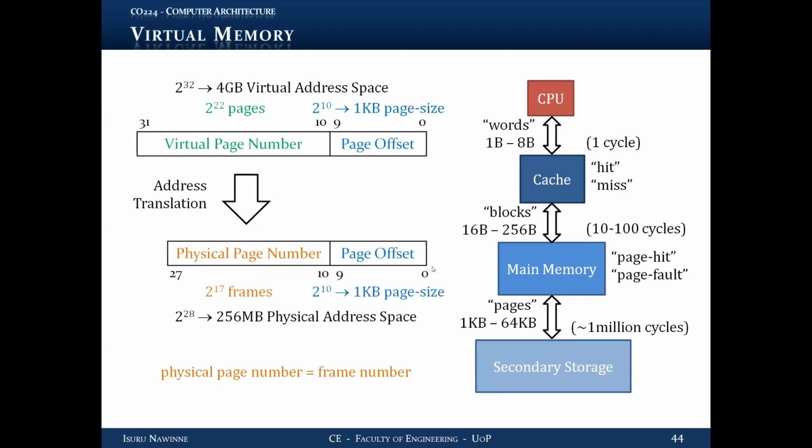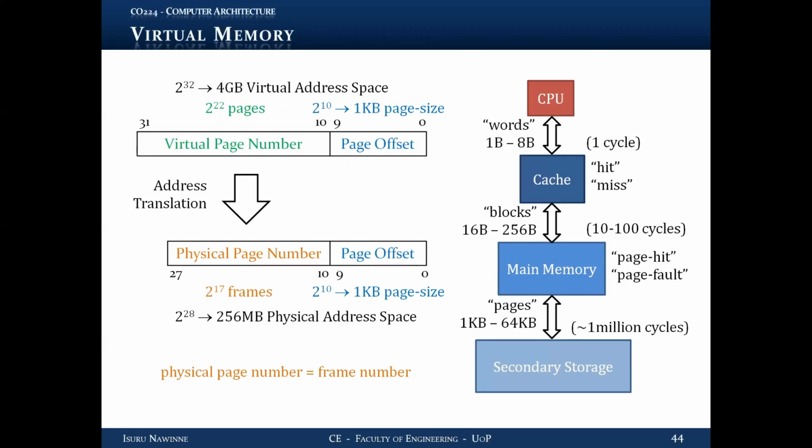So we have a 28-bit physical address which can access 256 megabytes of physical memory, right? So the size of our main memory is 256 megabytes. We need a 28-bit address to access individual bytes in that memory.